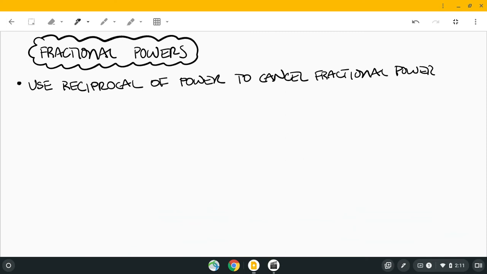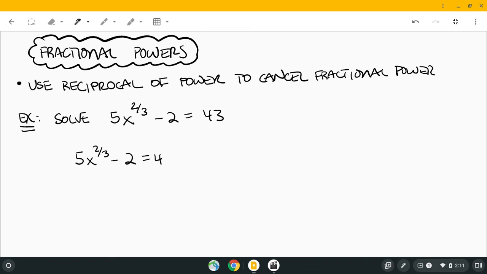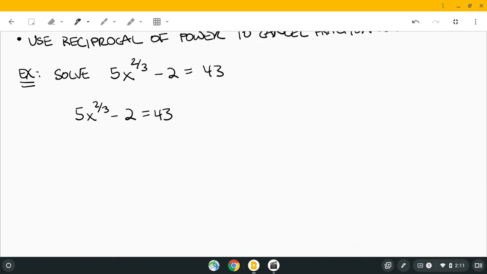Okay, so let's take a look. Let's go ahead and solve 5 x to the 2/3 minus 2 equals 43. I'm going to rewrite the problem down here. I'm going to start with adding 2 to both sides.